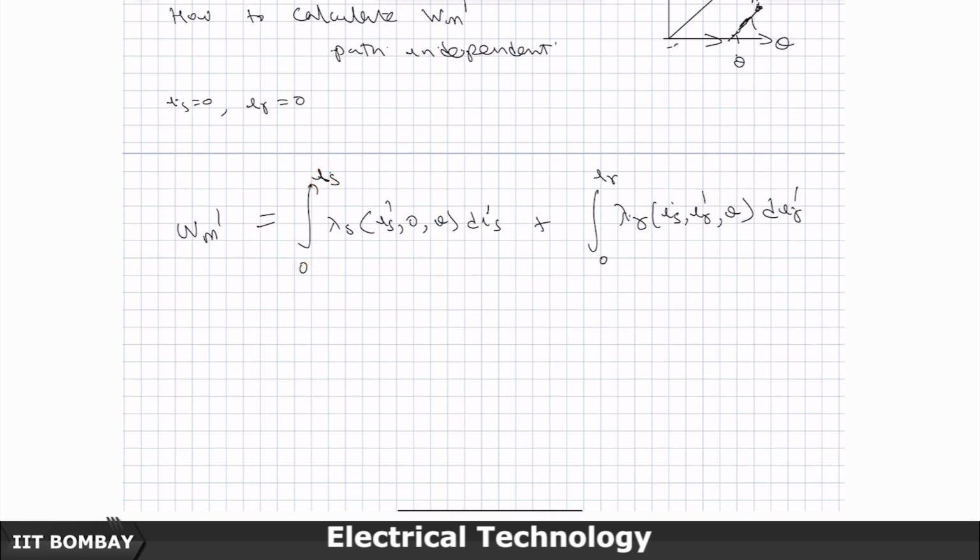So, therefore, the energy which is accumulated here is half of LS IS square.